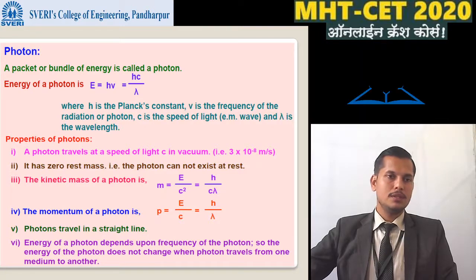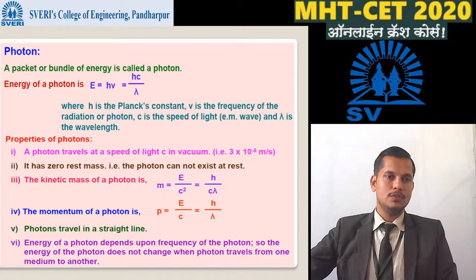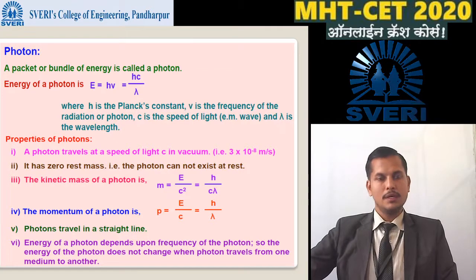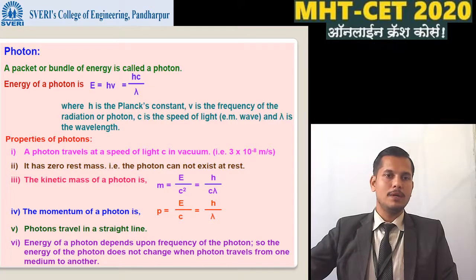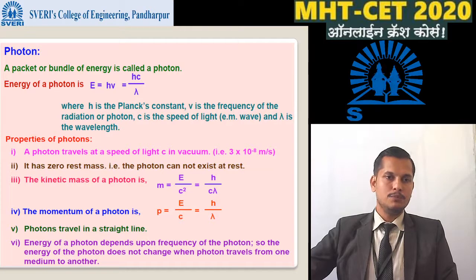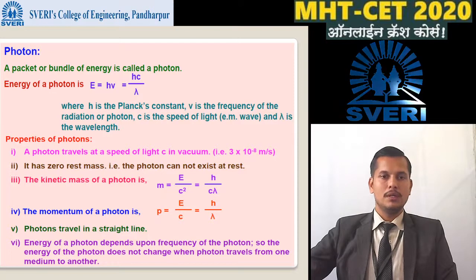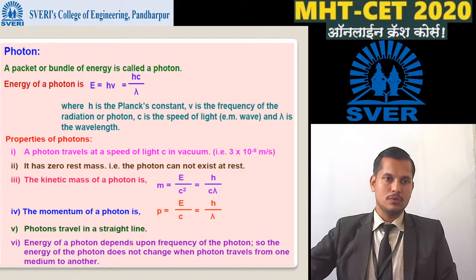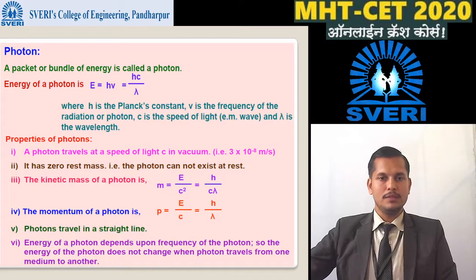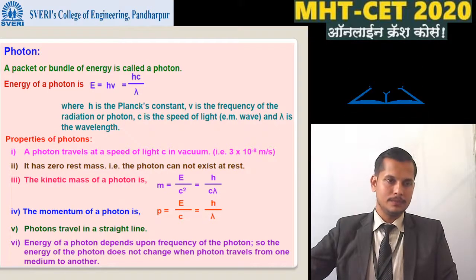So in the equation E is equal to h nu, we are converting the frequency into c by lambda, where h is Planck's constant, nu is frequency, or we can write that in terms of speed of light divided by wavelength.